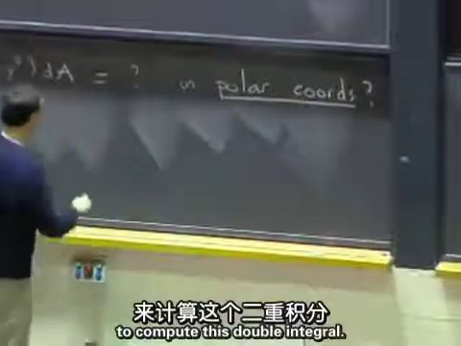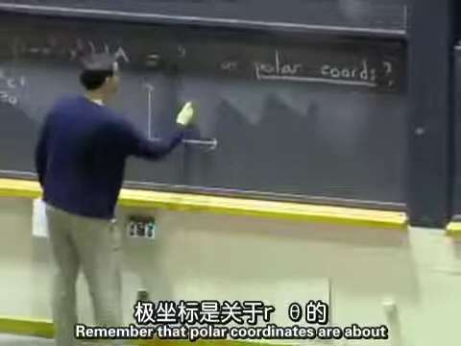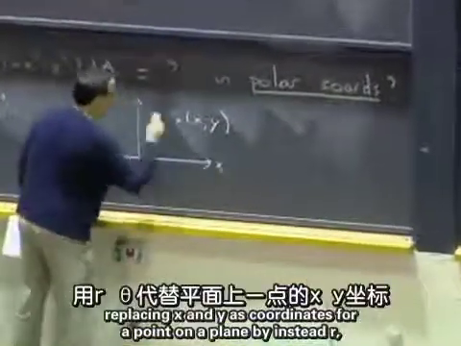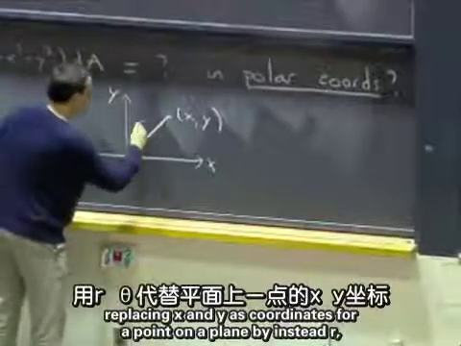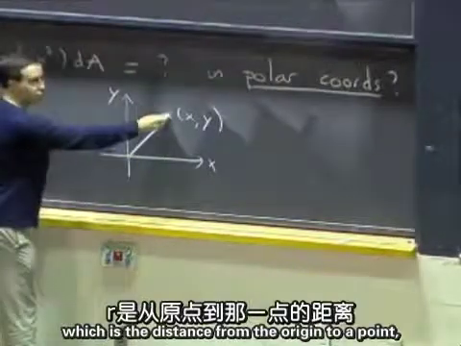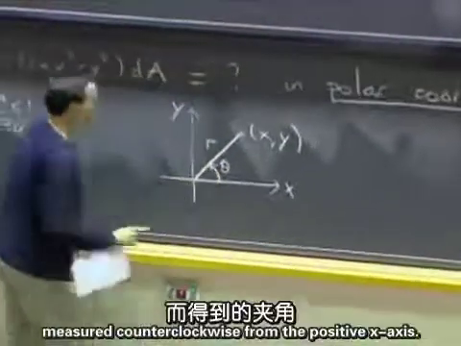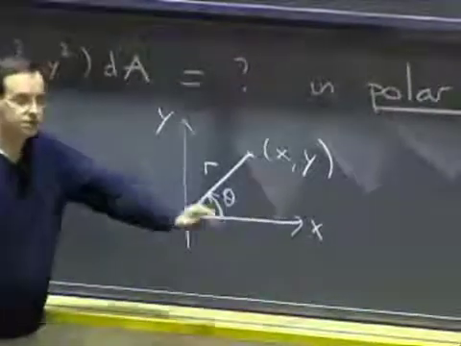So remember that polar coordinates are about replacing x and y as coordinates for a point in the plane by instead r, which is the distance from the origin to our point, and theta, which is the angle measured counterclockwise from the positive x-axis.